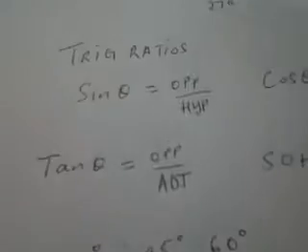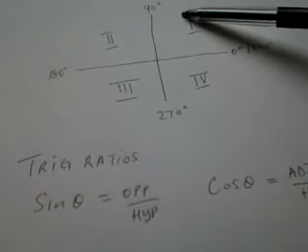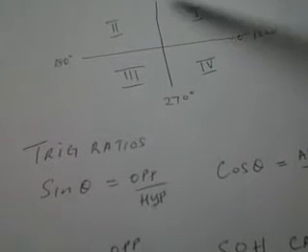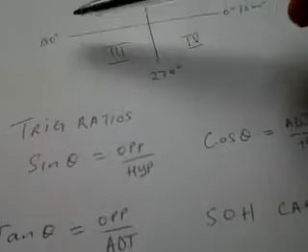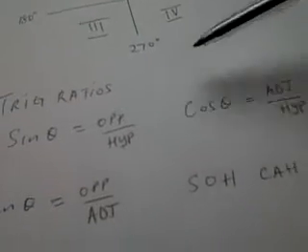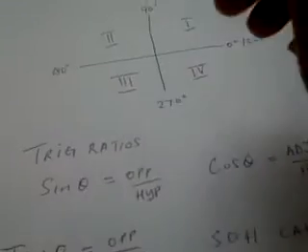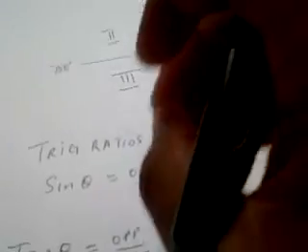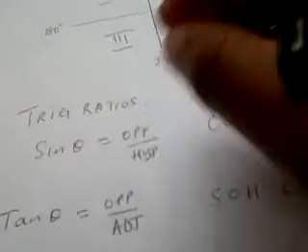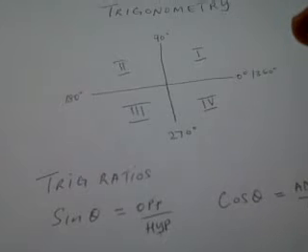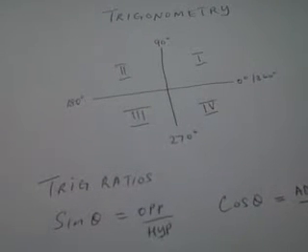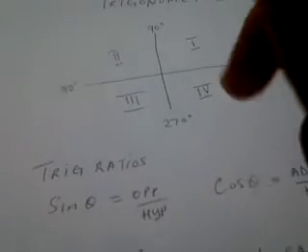With that being said, if you go back up here to the quadrants, these are angles between 0 and 90, angles between 90 and 180, 180 to 270, up to 360. What is important is for you to understand how these trig ratios behave in each quadrant. In other words, what is the sign of the ratio.